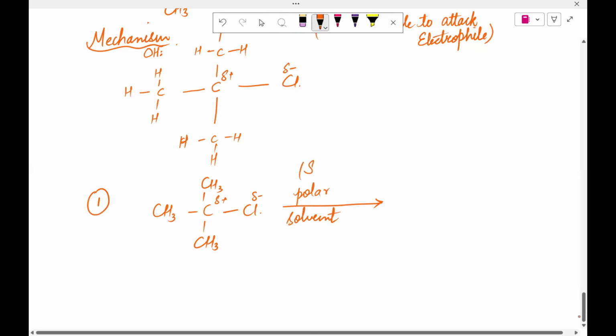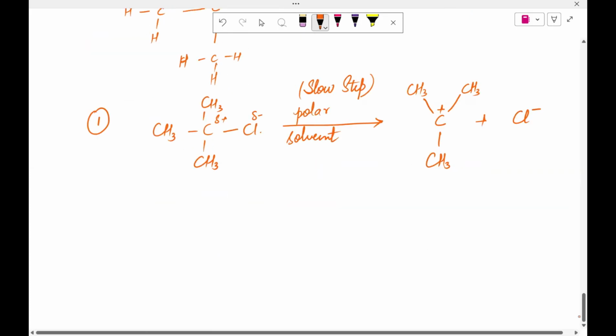This is basically a slow step reaction. And in the polar solvent, two ions would form. This one would be CH3, CH3, CH3 with a positive charge here, and chlorine would be removed like this.